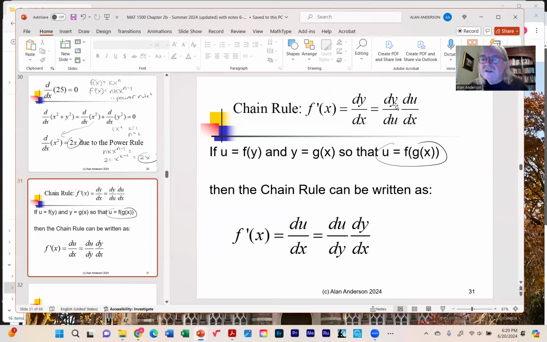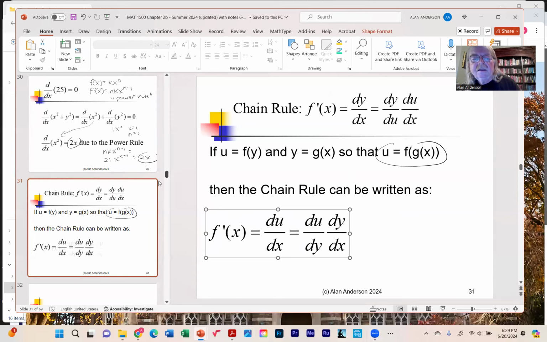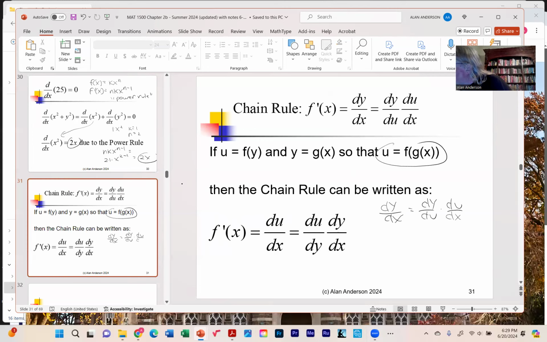Algebraically, if you rearrange this, in other words, if dy/dx equals dy/du times du/dx, and I divide both sides by dy/du, that gives me dy/dx times du/dy.